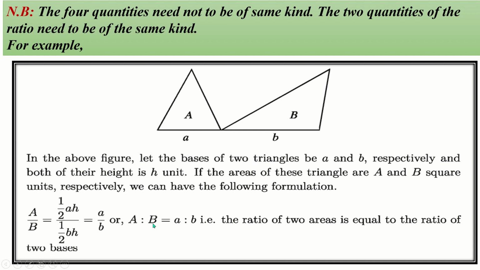The area of the first triangle is in square units and the area of the second triangle is also in square units. This is area, this is also area, and on the right side their unit is the same and these are the same kind. That means one is base and the other is also base. Clear?